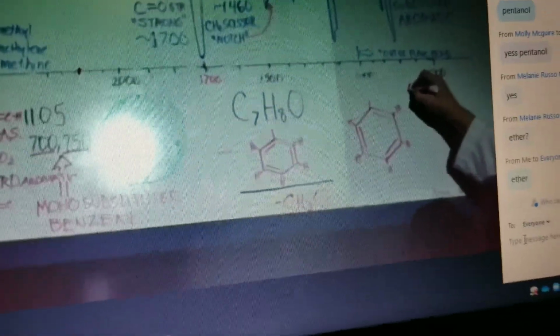I'll give you a big hint. It's not an alcohol. So what is it? What's the only way you can put these three pieces together, guys? Is it an ether? Yeah. Has to be. There's no other thing it could be. So if it's an ether, now oxygen, most of you know, is divalent, means it has an open bond and two lone pairs.